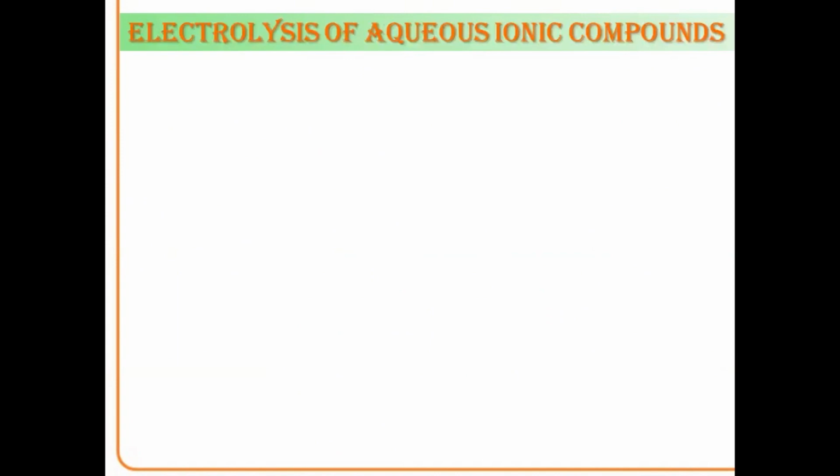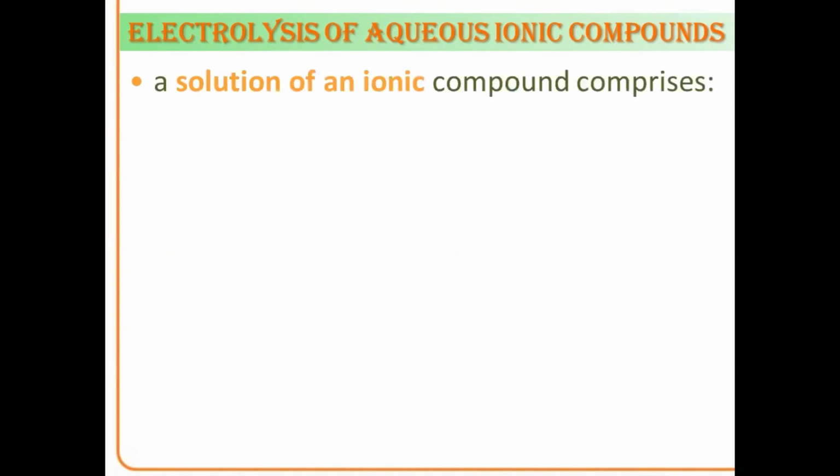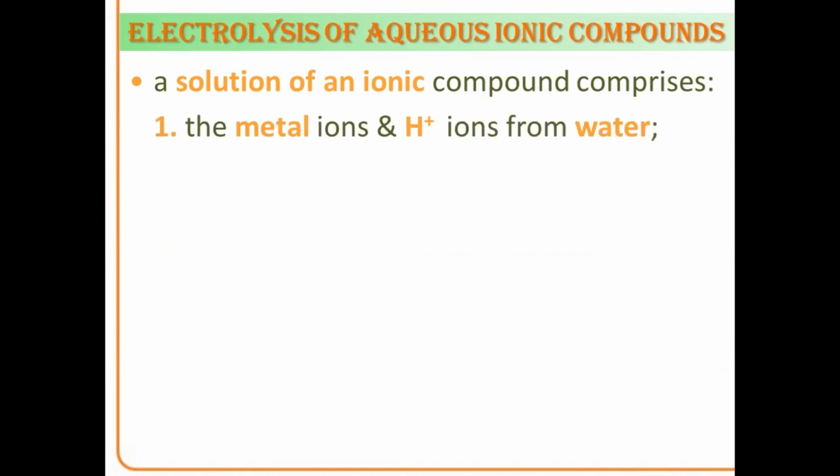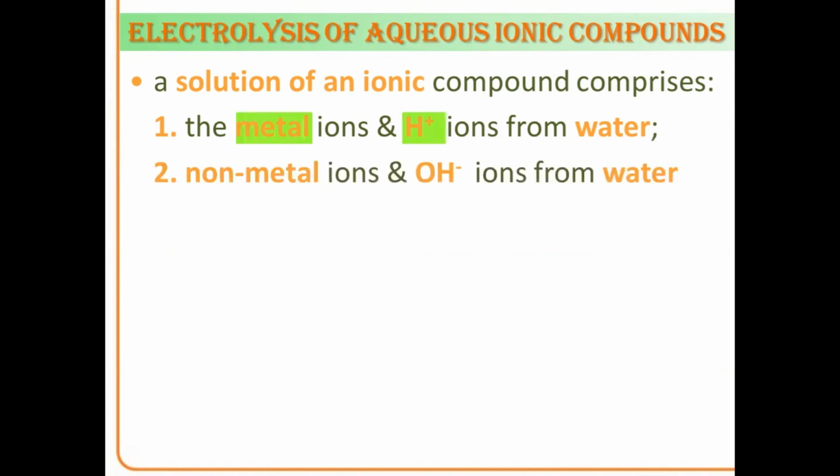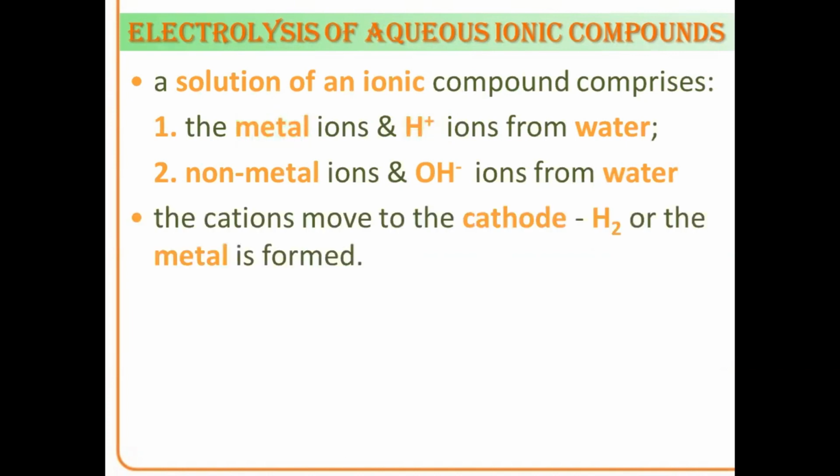Okay, now let's go into detail and look at the electrolysis of aqueous ionic compounds. When you have an aqueous ionic compound, this substance is going to consist of the metal ions coming from the compound and H+ ions that are coming from water. You also have the non-metal ions coming from the compound and OH- ions that are coming from the water.